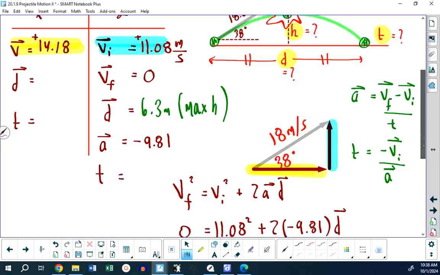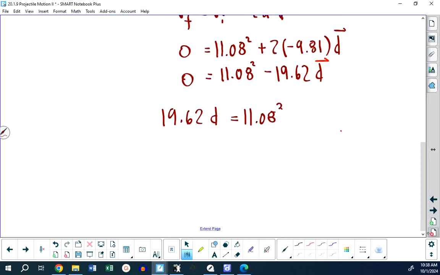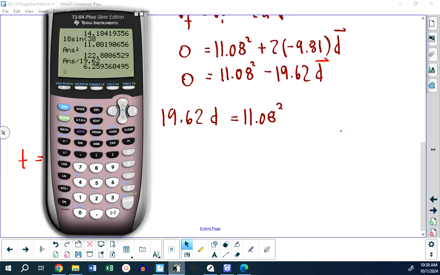So I'm just going to do this on another part of the screen. The acceleration is negative 9.81. VI is positive 11.08. So we have to take negative VI, which is negative 11.08, divided by A, which is negative 9.81. We're going to get a little over a second here, it looks like.